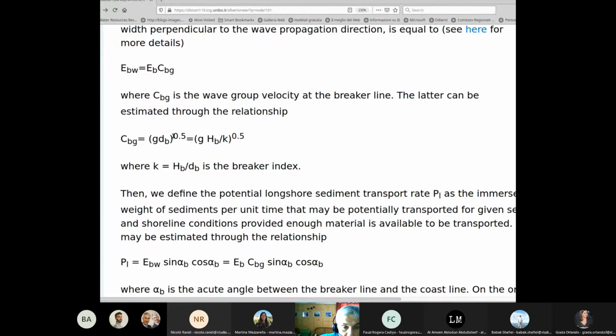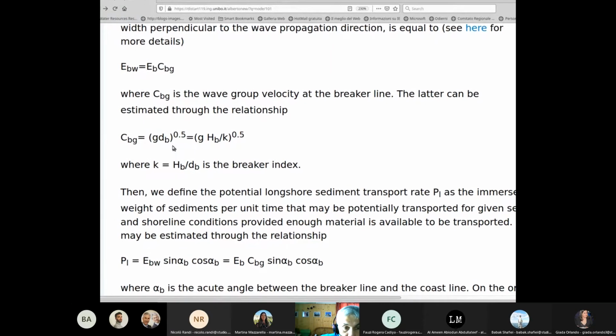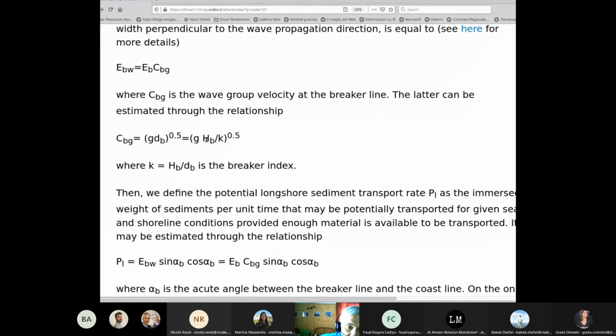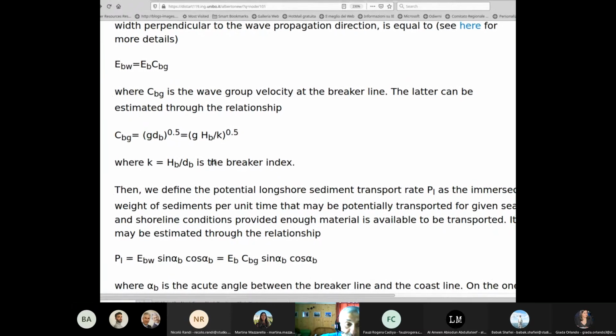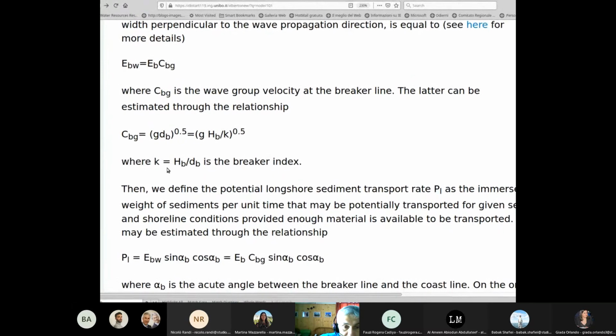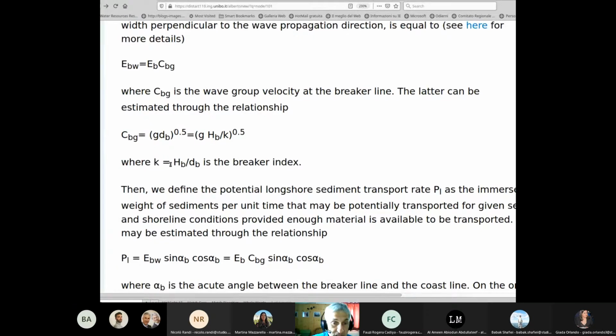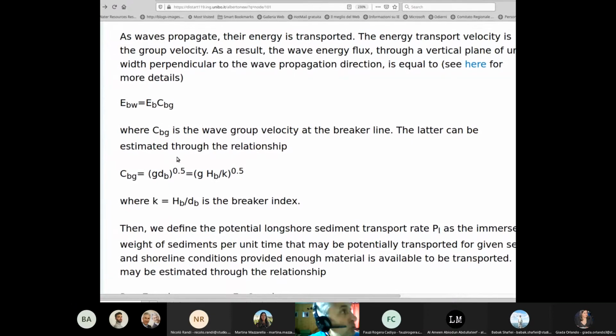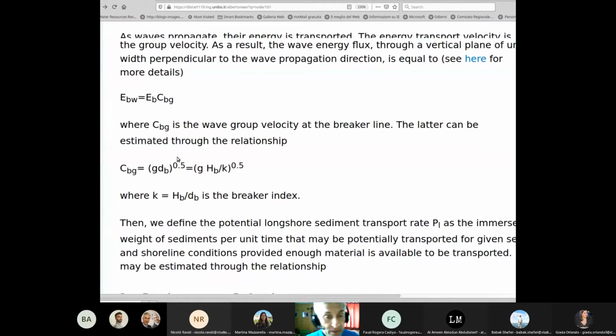And in turn, dB can be expressed as the ratio between H_B divided by K, where K is the breaker index. Okay, and H_B is the wave height.